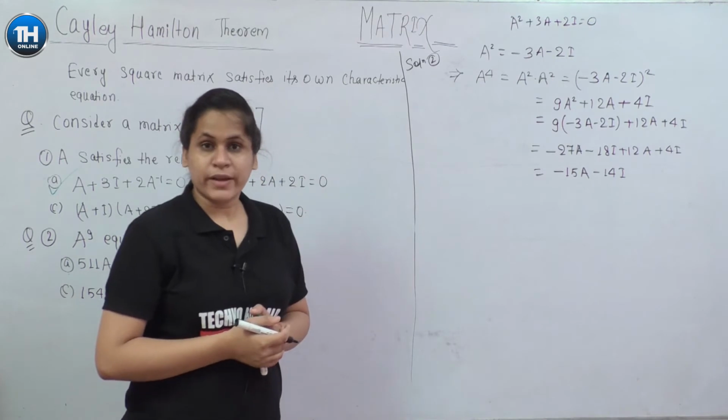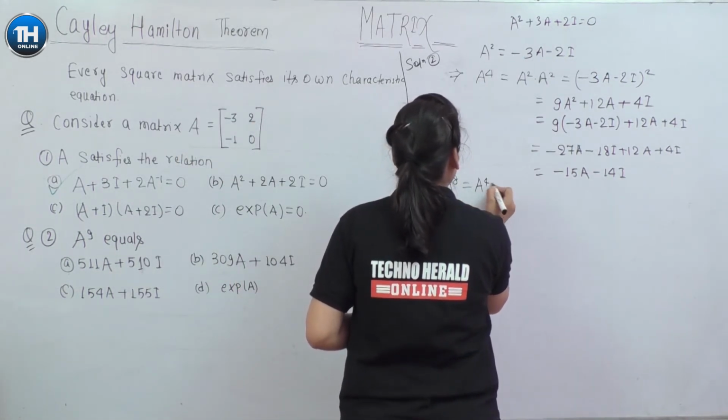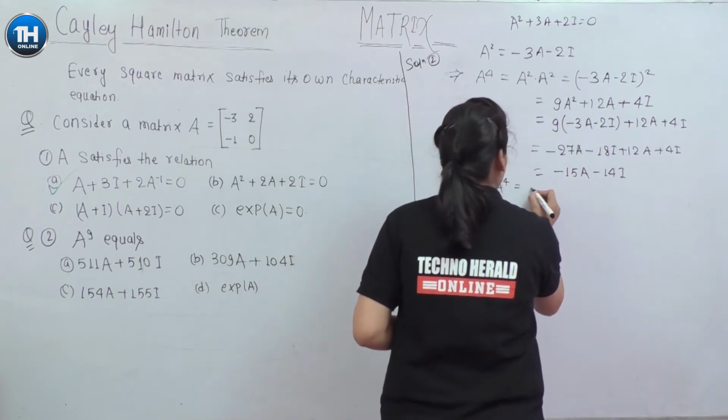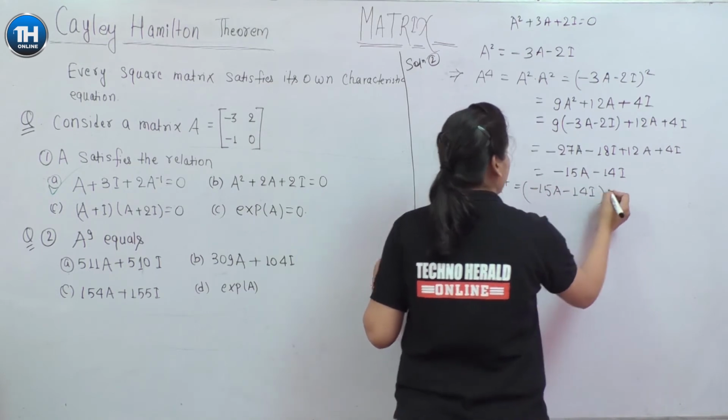Now calculate the value of A to the power 8. A to the power 8 is equal to A to the power 4 into A to the power 4. So simply (minus 15A minus 14I) whole square.